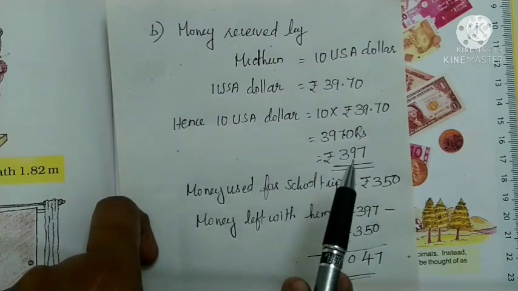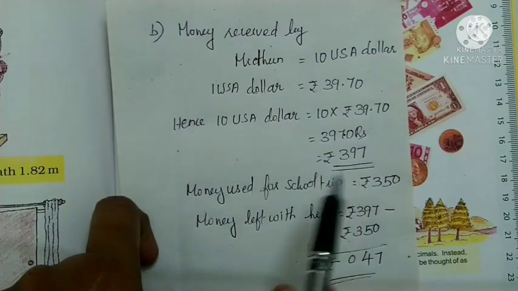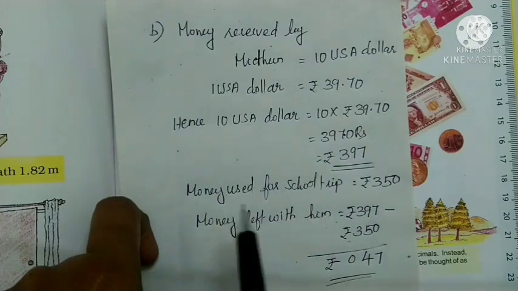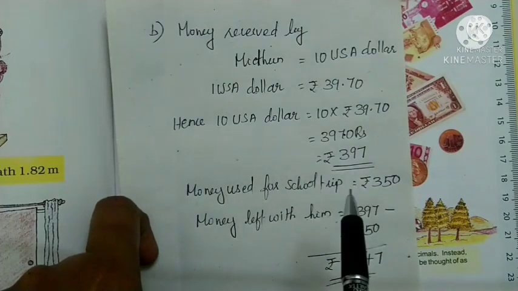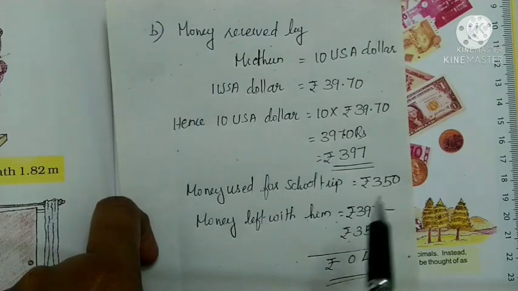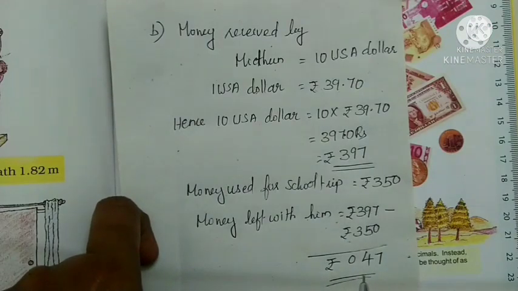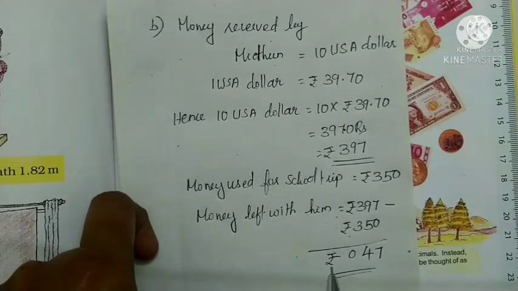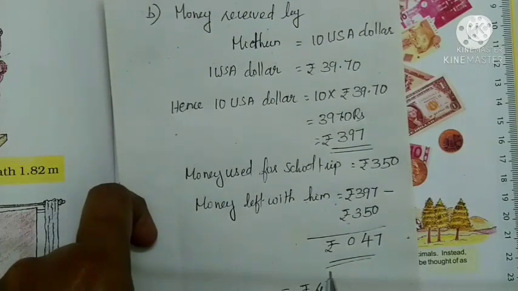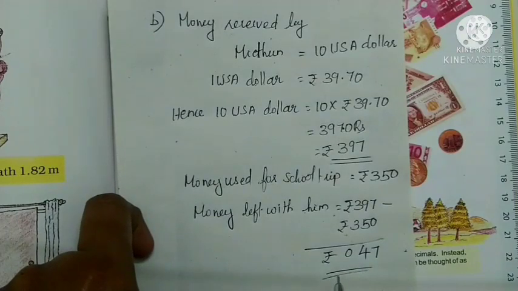So the answer is 397. After that you can write the step, money he used for school trip, that is rupees 350. Then we have to find out money left with him. So subtraction, and the final answer is 47 rupees. All of you understand? So write it in your notebook. After writing this question, move to the next question.